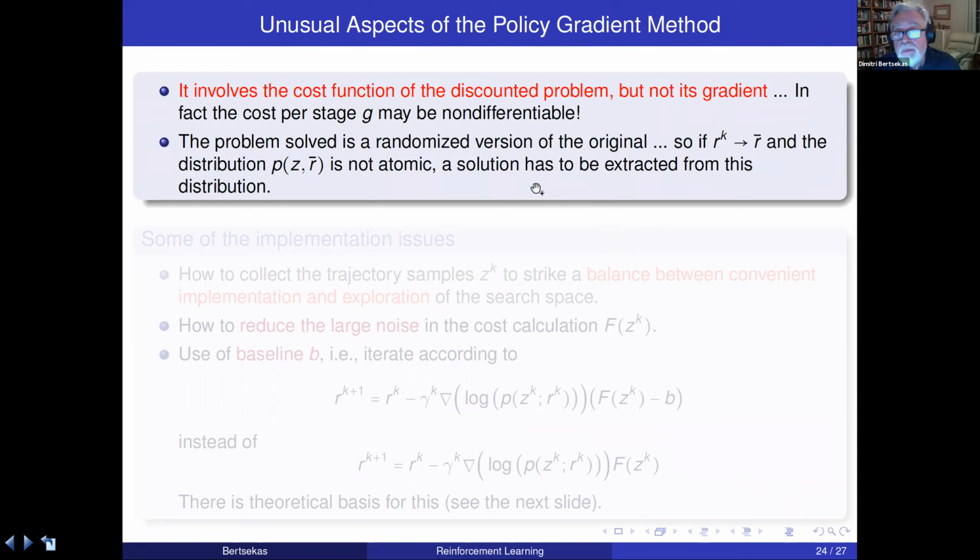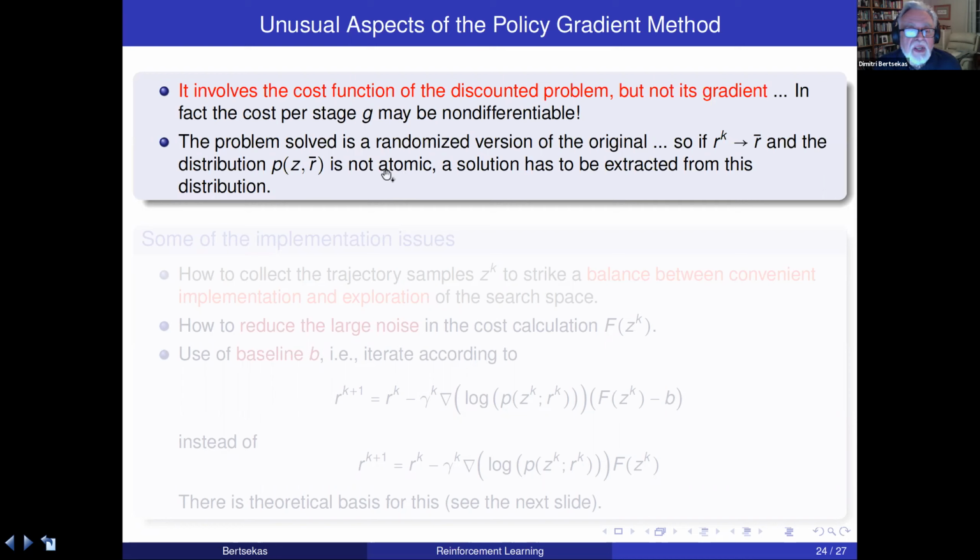Okay, here's another problem. You have a perfectly deterministic problem, potentially, yet you randomize it in order to be able to apply this methodology. So what you solve is a randomized version of the original. So if you get a convergence of the sequence R_k into some R bar, then you will get a distribution that may not be atomic.